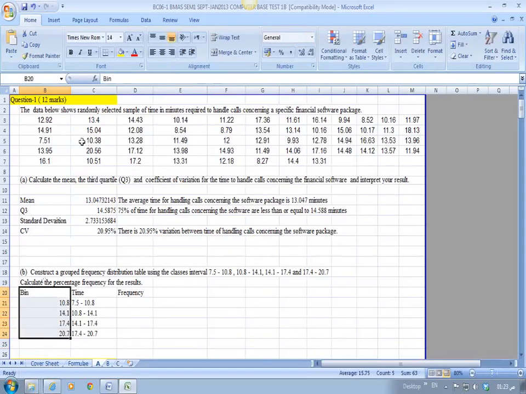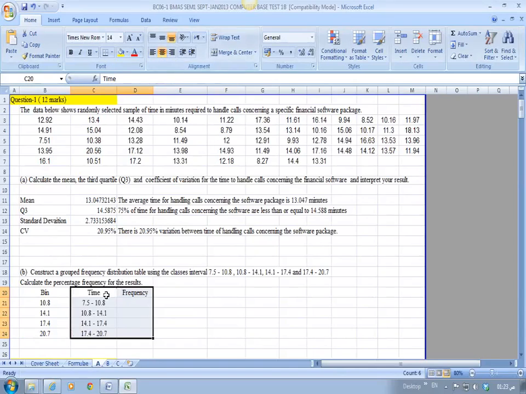These are the bins. Calculate the frequency. So here we want the frequency.